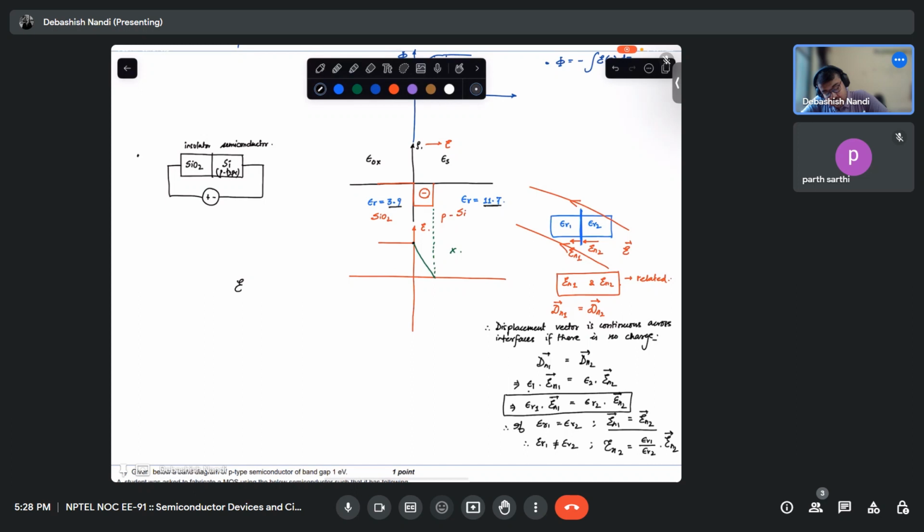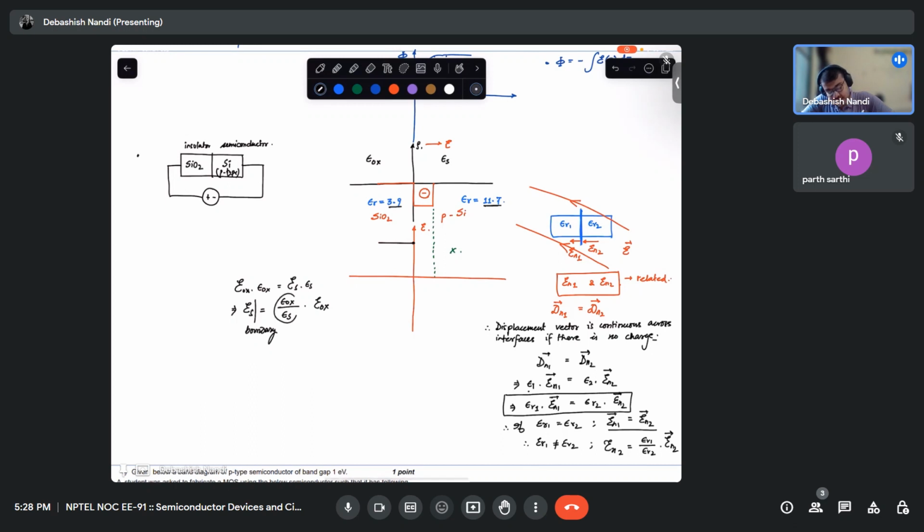At this boundary, E_ox times epsilon ox will be equal to E_S times epsilon S. E_ox is some constant line. So what will be E_S at the boundary? Can you tell me what E_S will be? E_S will be nothing but epsilon ox over epsilon S times the electric field at that place.